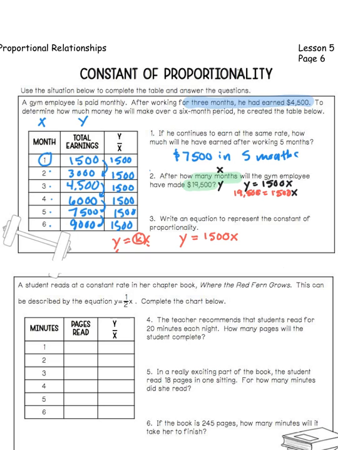So now this is a one-step solve. So I'm going to divide by 1,500 on this side, and I'm going to do the same thing on this side, 1,500. Over here, it eliminates the 1,500, and that leaves my x.